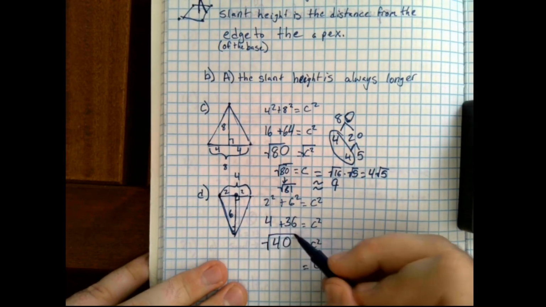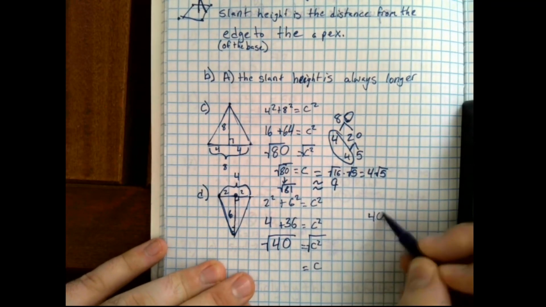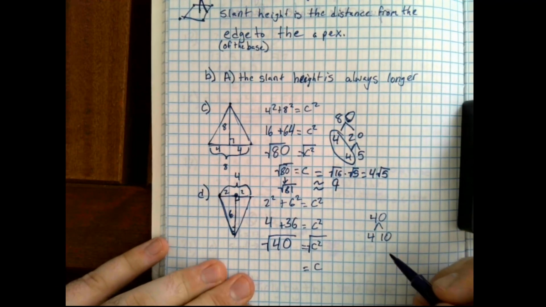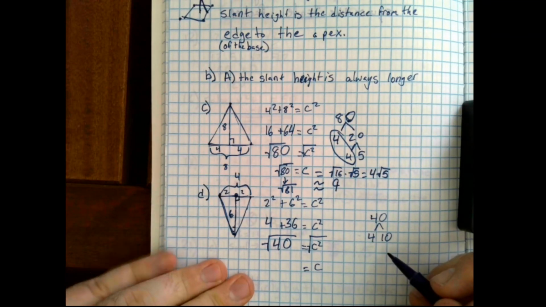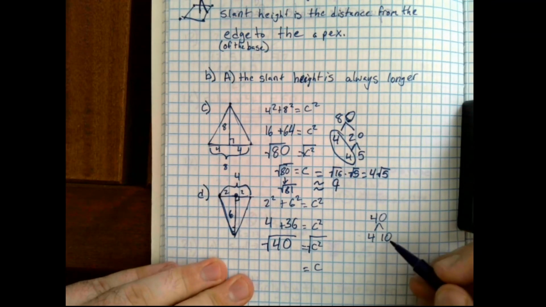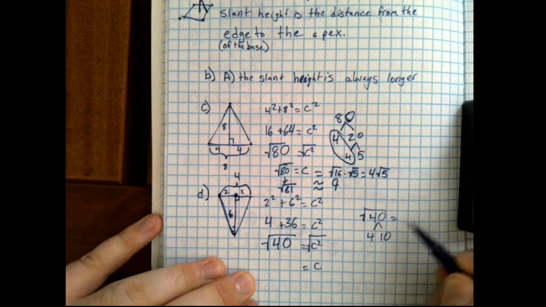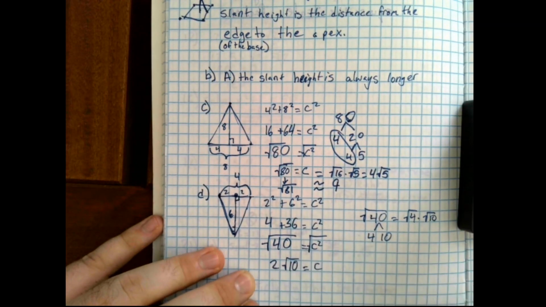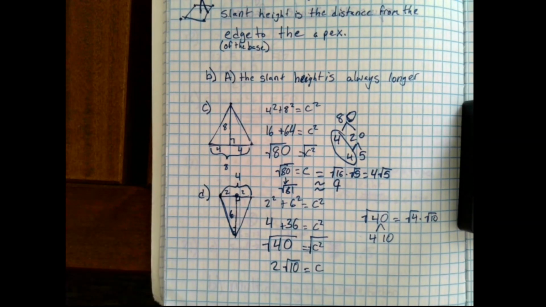We take the square root of both sides, and we'd have the square root of 40, which is 4 and 10. Now, 10 is just 2 and 5. 2 and 5 are not perfect squares. There's no other factors of 10. So we're going to say that the square root of 40 equals the square root of 4 times the square root of 10, or 2 root 10. And that would be practice set D.